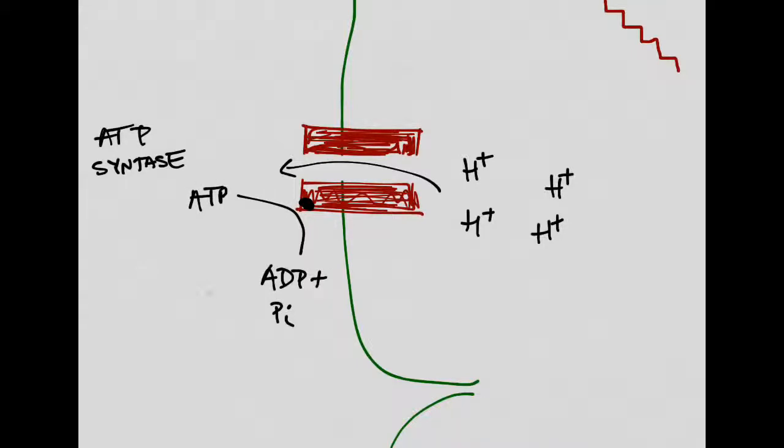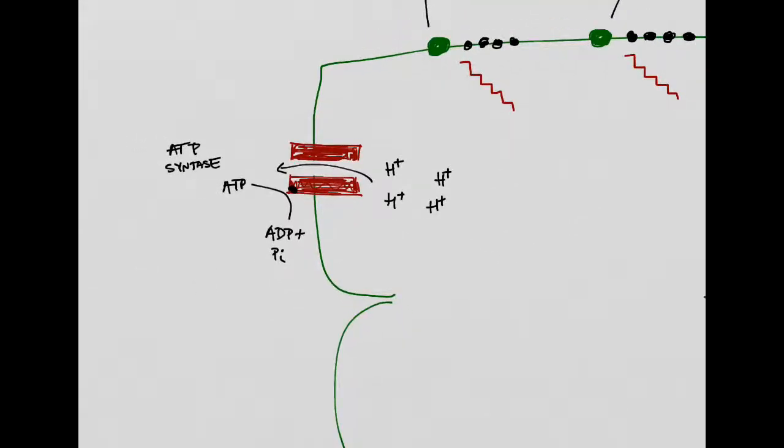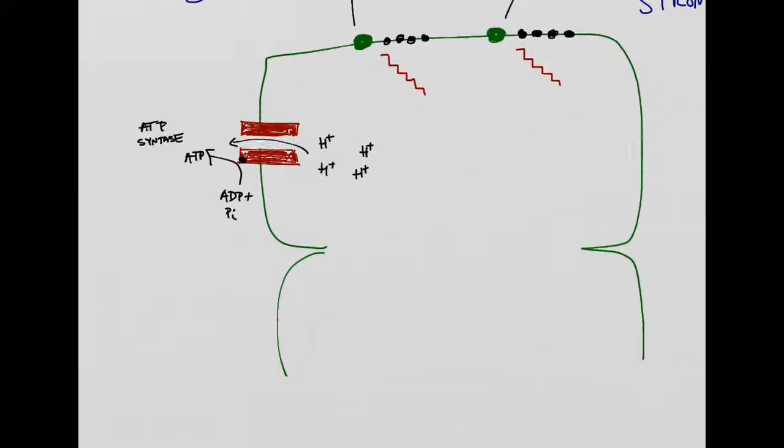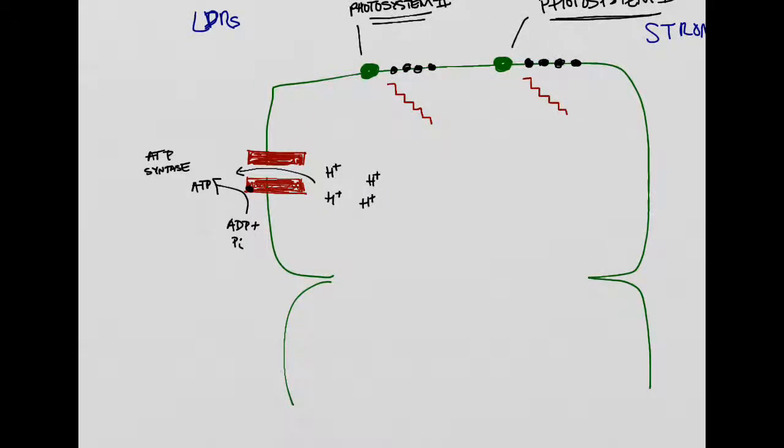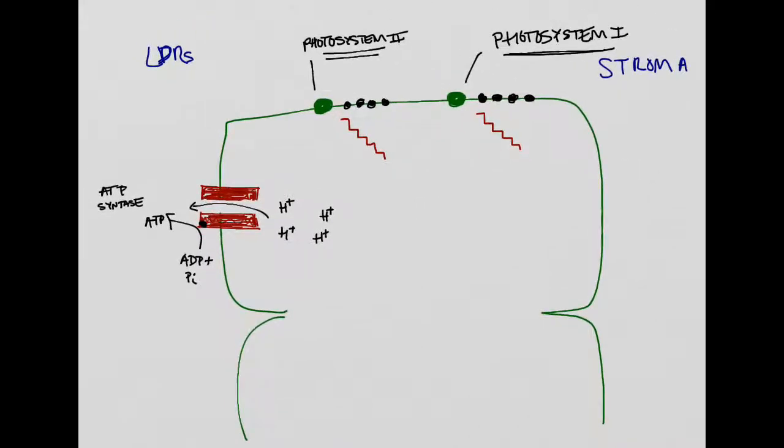And so the energy of letting these hydrogens flow down their concentration gradient is going to power this molecule. But more on that later. You should just know that this protein is embedded within the granum as well. It is present.